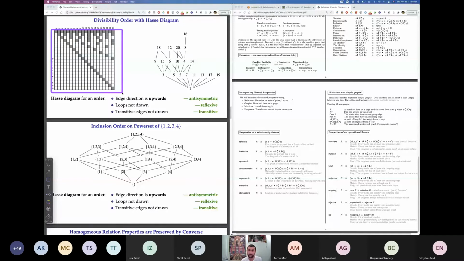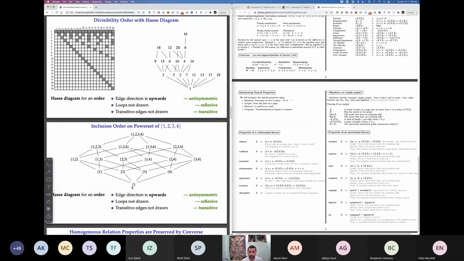Being reflexive means the diagonal is all turned on. That's what it means to be reflexive. To have everything turned on in a row means it's the least element. 1 divides everything, okay? So you can glean quickly some interesting properties from matrices and from graphs if you look at them this way.